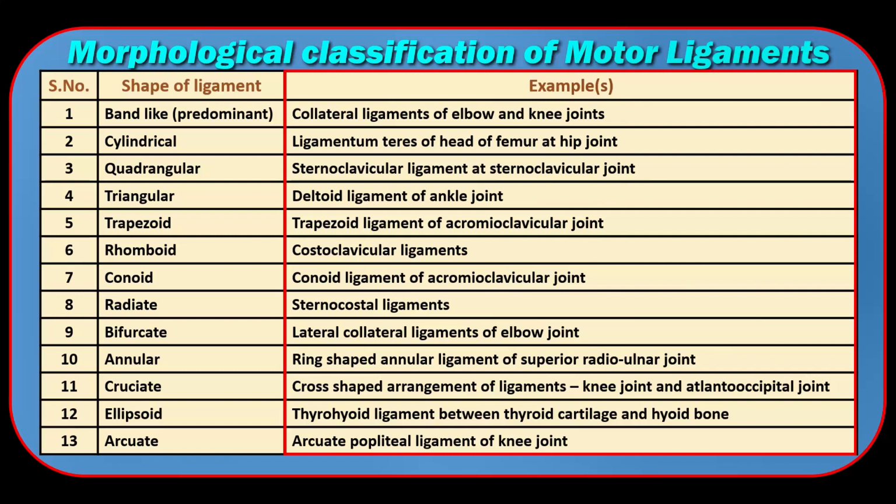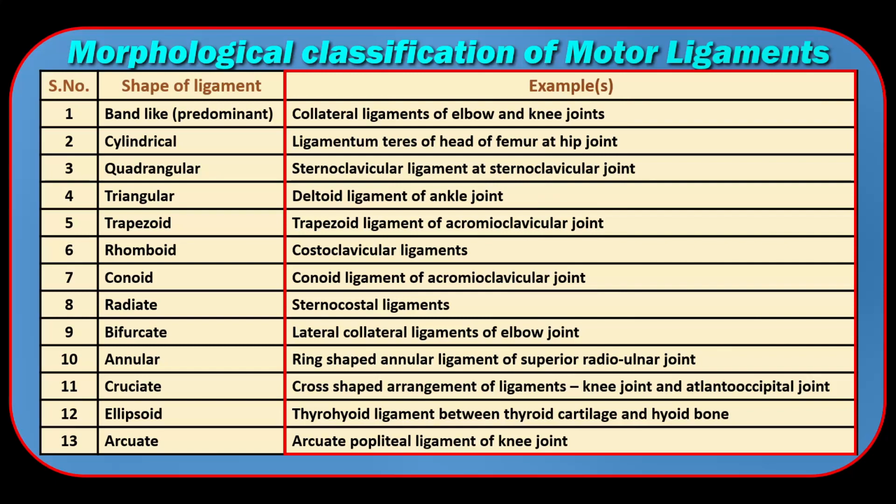Triangular type. 5. Trapezoid type. 6. Rhomboid type. 7. Conoid type or conical-shaped ligaments. 8. Radiate type. In this, the single ligament radiates or fans out, connecting numerous bones at a time. 9. Bifurcate type, where a single ligament is divided into 2 slips.